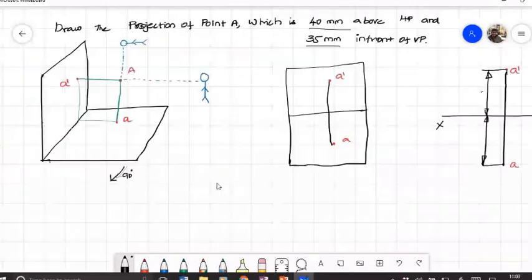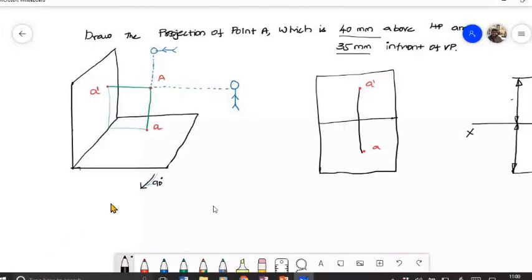How come you got 80 here? See, if you are standing here, you will be able to see this distance, the distance between A A dash or A A. So which distance could you visually differentiate?